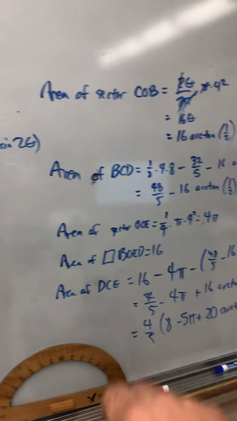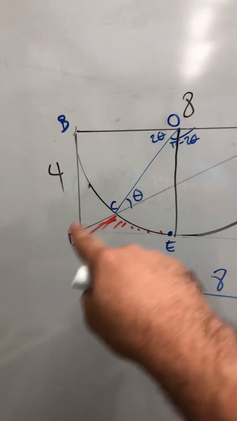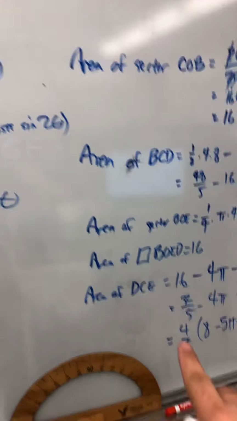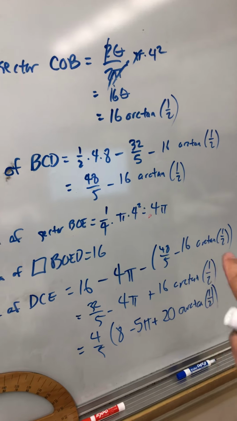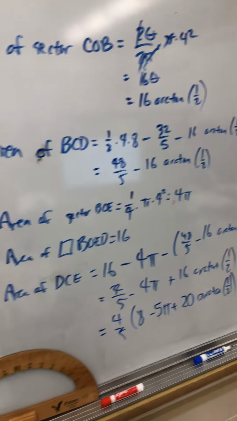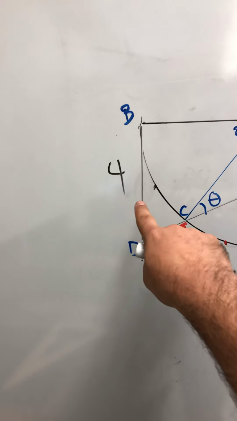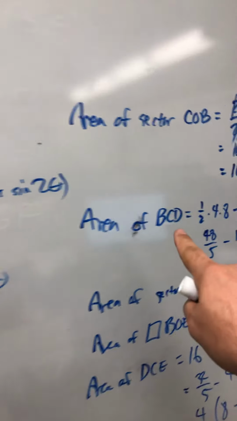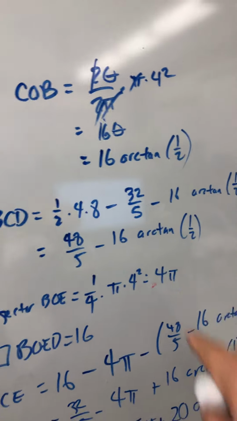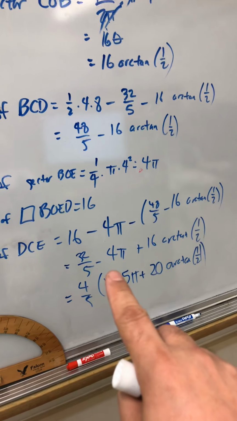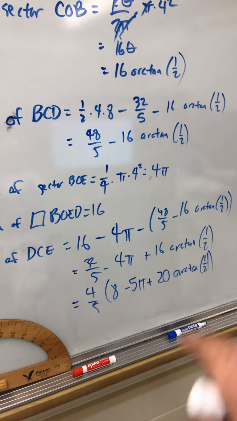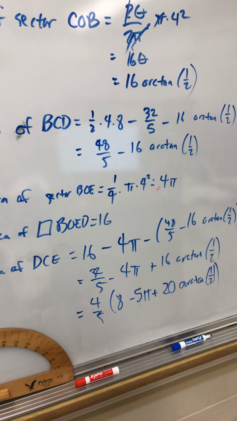And so the area of DCE, which is the area that we're looking for, is the square minus the quarter circle minus BCD, this piece that we found earlier, which was 48/5 minus 16 arctangent of 1/2. And so do the math, you get 32/5 minus 4 pi plus 16 arctangent of 1/2. If you want to be cute, you can factor out a 4/5.